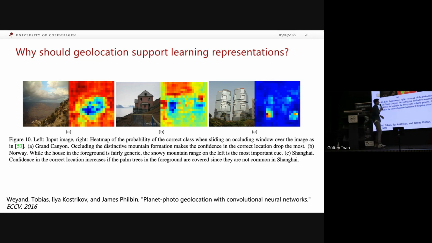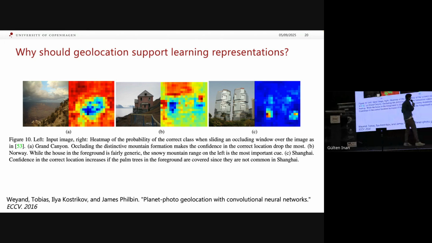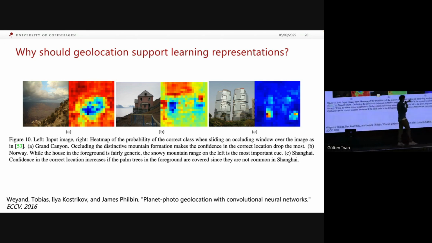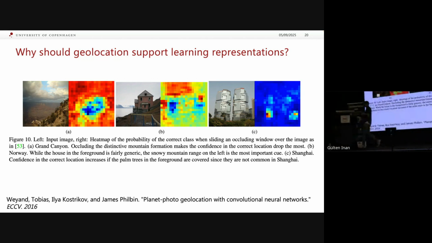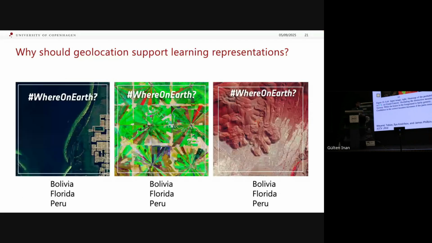These are different examples. I don't think they are perfect, but at least they give some hints. For instance, the last example is from Shanghai. And they say these palm trees are not so typical for this region. So if we mask them out, the confidence of the model actually goes up.